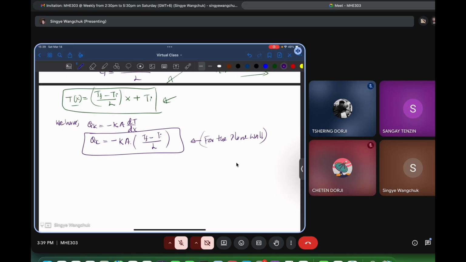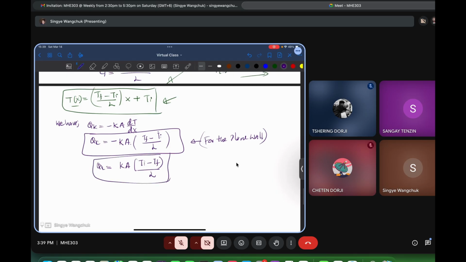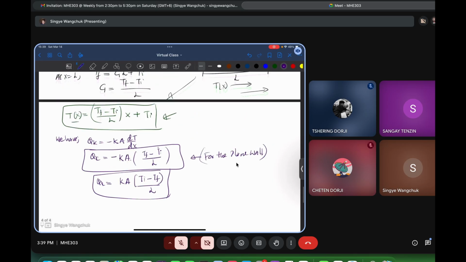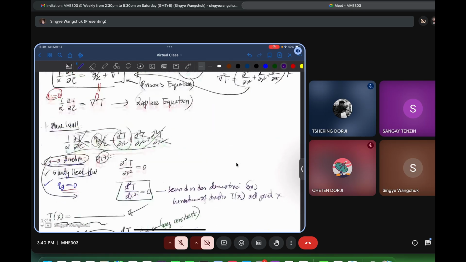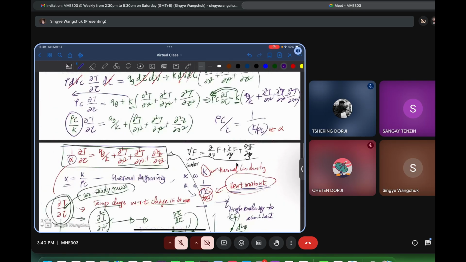So now you know that Qk = kA(Ti − Tf)/L. Did you get this? So this is actually Fourier's law that we can derive from our general heat flow equation. That is why this equation is very useful.